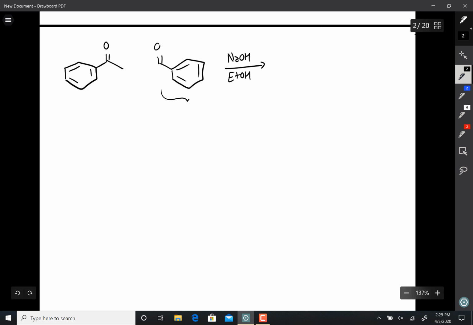Because this molecule right here is an aldehyde without enolizable protons. That means it can only act as an electrophile.